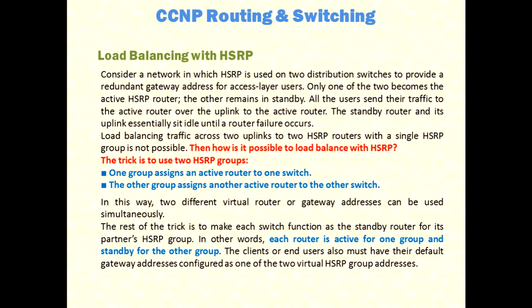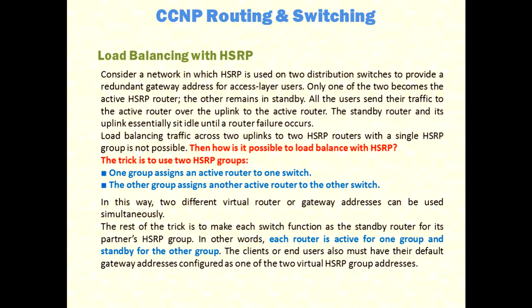Then how is it possible to load balance with HSRP? The trick is to use two HSRP groups. One group assigns an active router to one switch. The other group assigns another active router to the other switch. In this way, two different virtual router or gateway addresses can be used simultaneously. The rest of the trick is to make each switch function as the standby router for its partner's HSRP group.